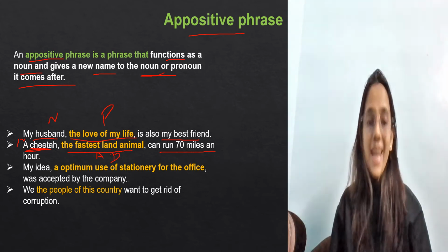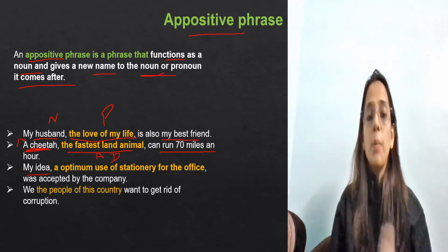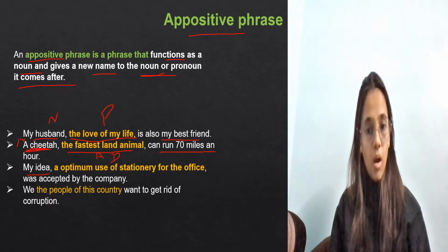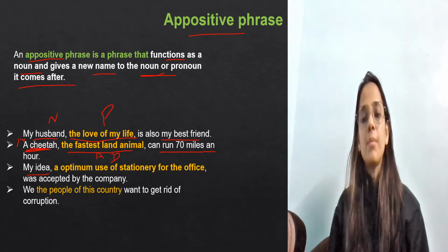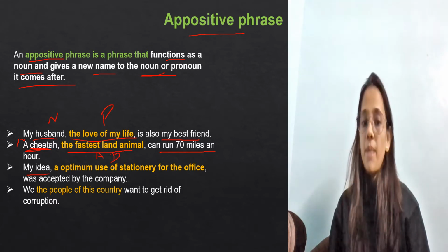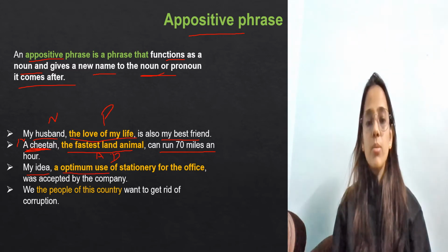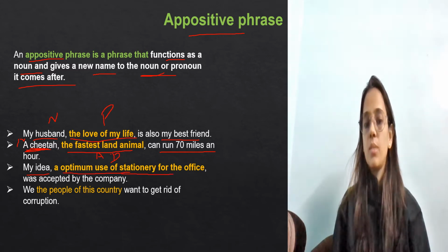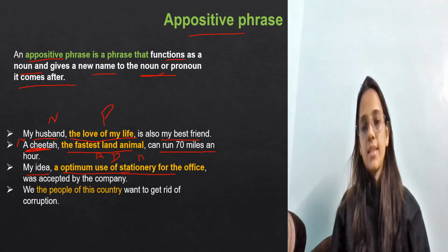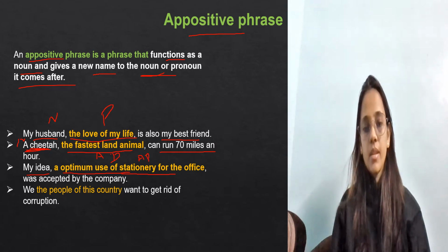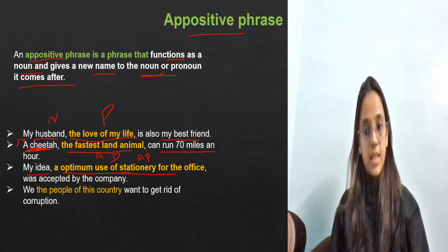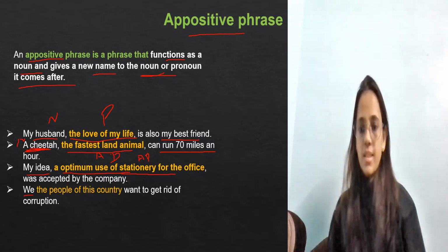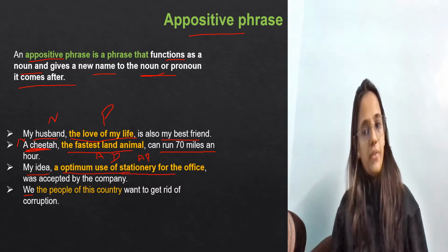My idea, optimum use of stationery for the office, was accepted by the company. So my idea, again, optimum use of stationery for the office is what? Appositive phrase again. We, again, it's a pronoun, right? So it can come after a noun or a pronoun.